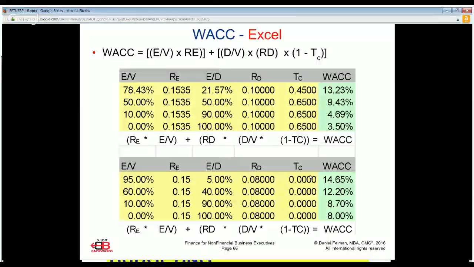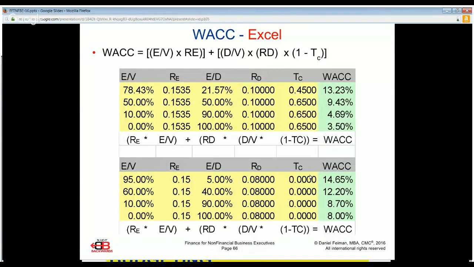So what this formula is showing us is we look at our cost of debt, in this case, 10%. We get to multiply that times 1 minus our tax rate to show the benefit of the interest. In other words, what's the net cost? So in our very first line, 10% is our cost of debt, but the tax rate is 45%.